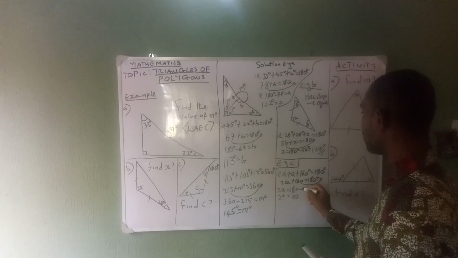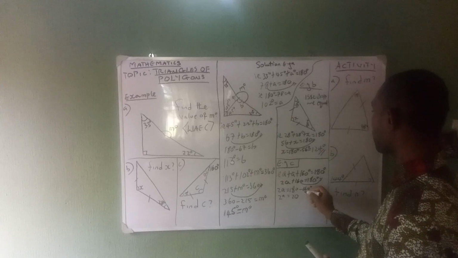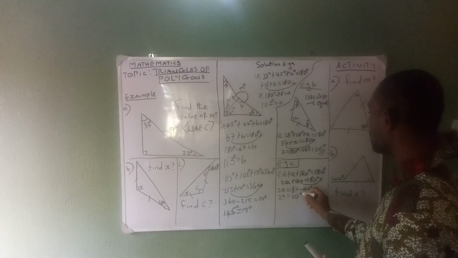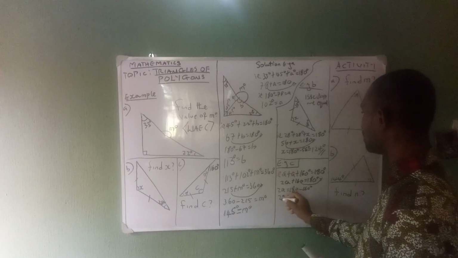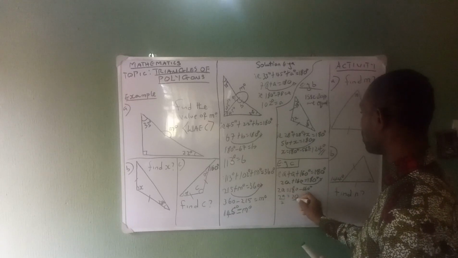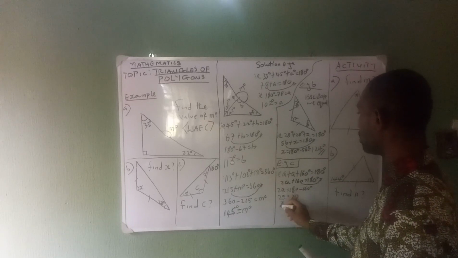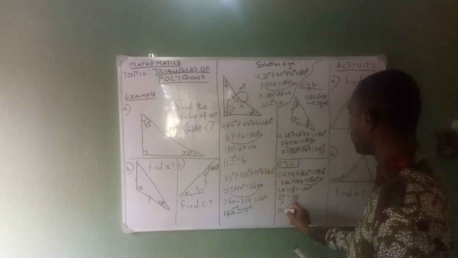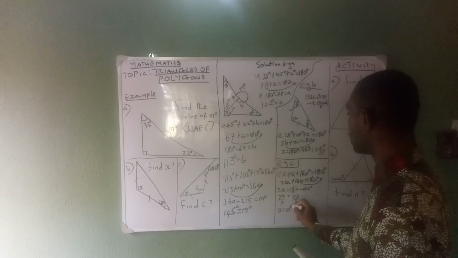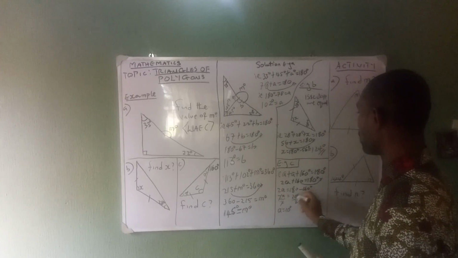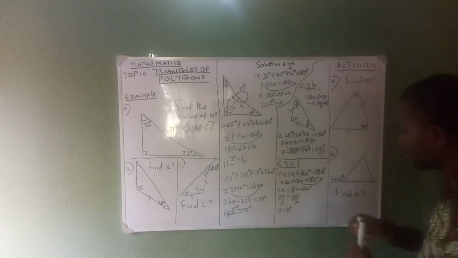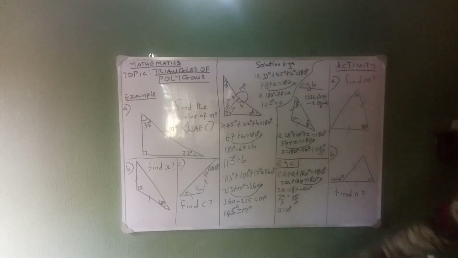So we have here 20 degrees. So 2A equals 20. Divide here by 2, divide here by 2. This cancels this. Our A will now be equal to 10 degrees. That is when we say 20 divided by 2.